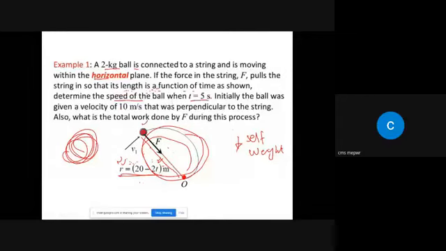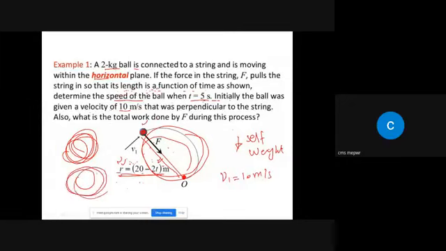What we need to do is find the speed of the ball when t is equal to 5 seconds. Initially, the ball was given a velocity of 10 meters per second. So the initial velocity is 10 meters per second. And remember, since the ball is moving on a curved path, we can have Vr and V theta. Initially it was given this velocity, so V1 must be equal to V1 theta.